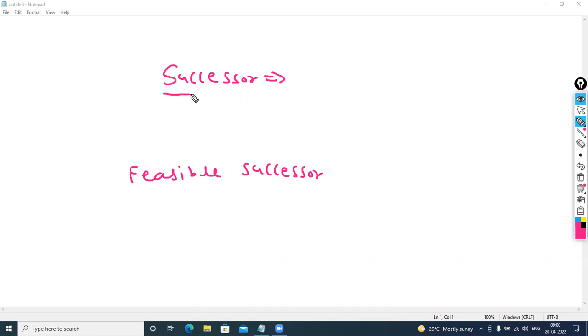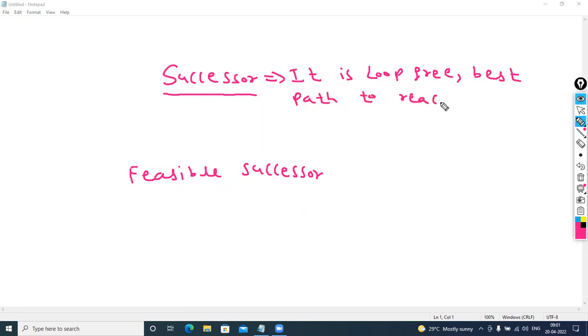So what do you mean by successor? It is the loop free best path to reach the destination. Now, what do you mean by feasible successor? It is also loop free.